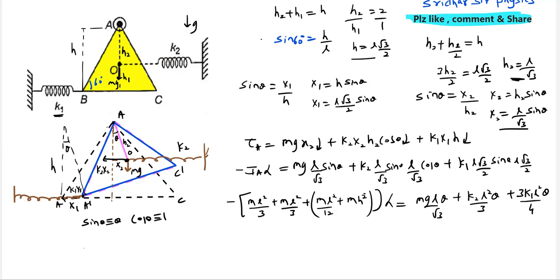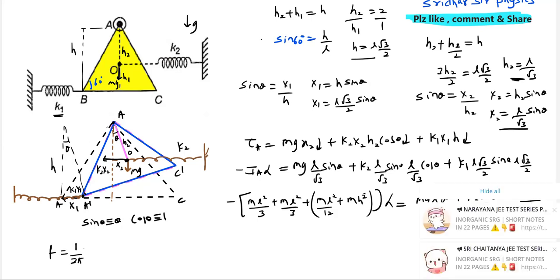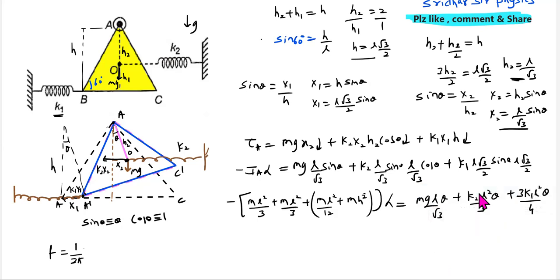We can simplify this. So the final equation for the time period: the frequency of oscillation will be 1 by 2 pi, root of 3 k1 by 4m plus k2 by 3m plus root 3 g by l.